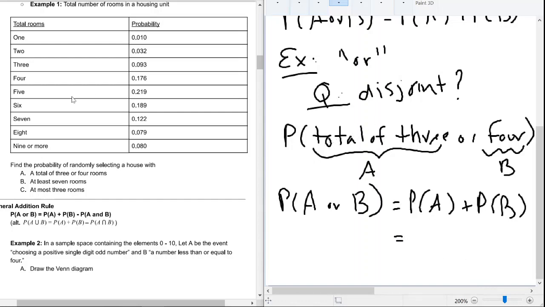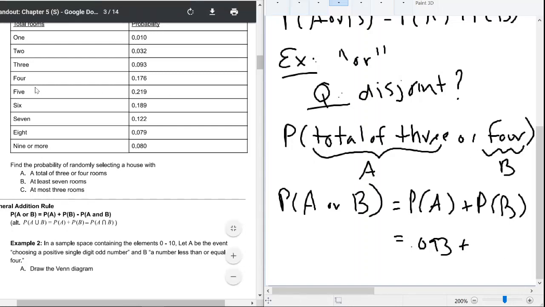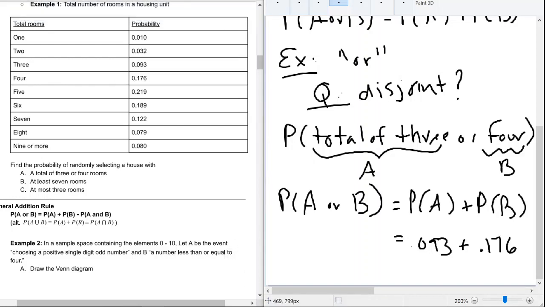So we look at the empirical experiment here, a total of 3 rooms has a probability of 0.093, plus the second event B, which is the 4 rooms, 0.176.